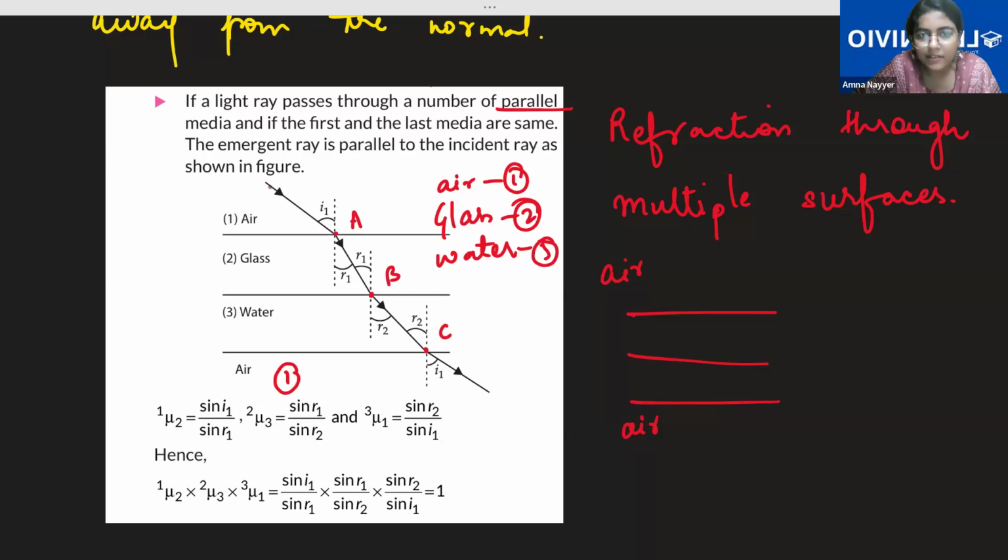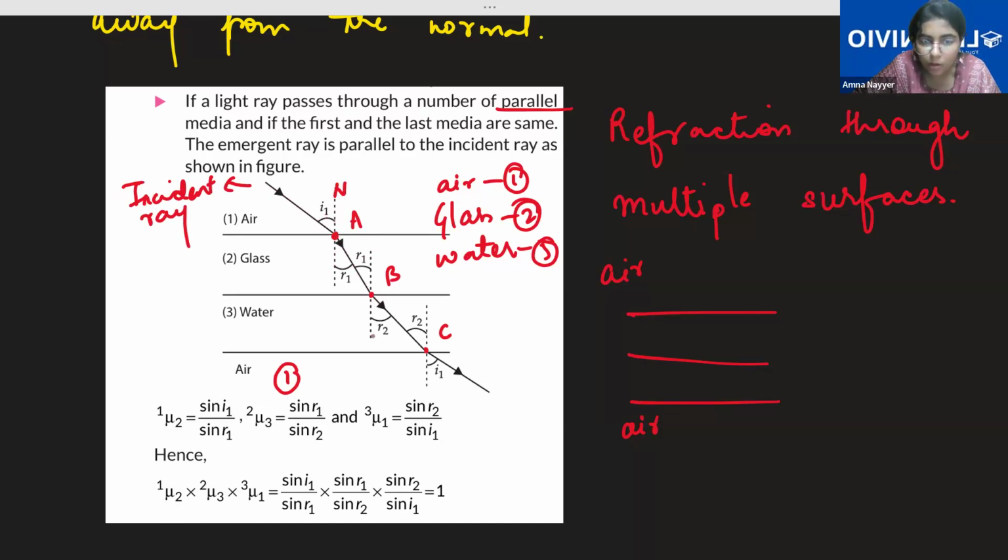What is basically happening? This is your incident ray. The light ray has entered at this point. This is your normal. From the incident ray to the normal, the angle of incidence is I1. Then the next medium is glass, and it refracted. So this becomes your first angle of refraction.